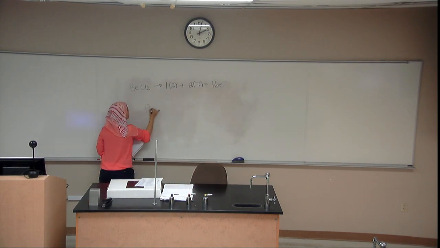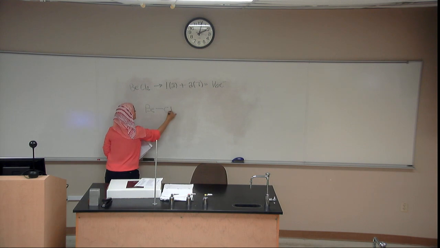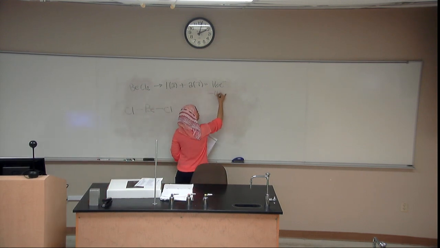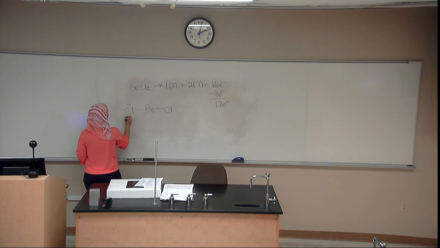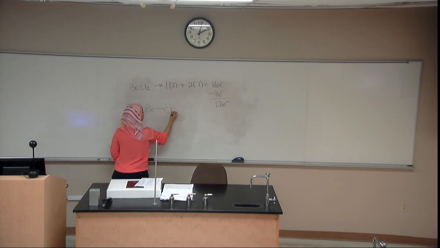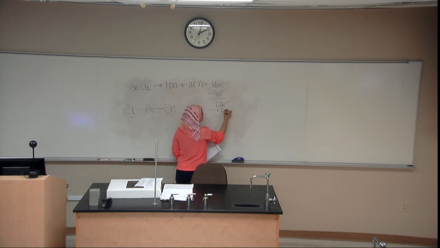Beryllium is going to go in the middle, and we're going to make 2 connections to chlorine. We used 4, so we have 12 left over. So we're going to fill in outside. 1, 2, 3, 4, 5, 6. 1, 2, 3, 4, 5, 6. That's 12, and we got nothing left over.